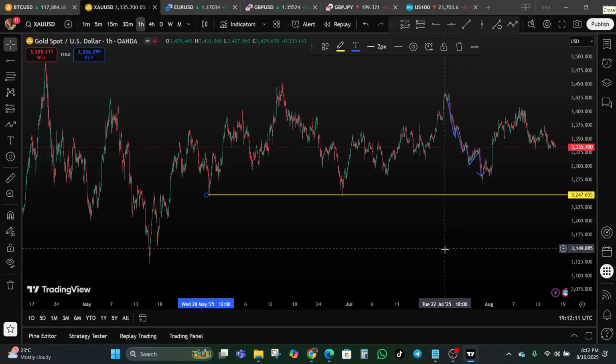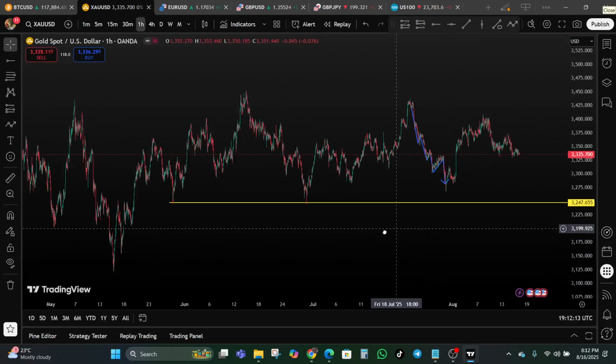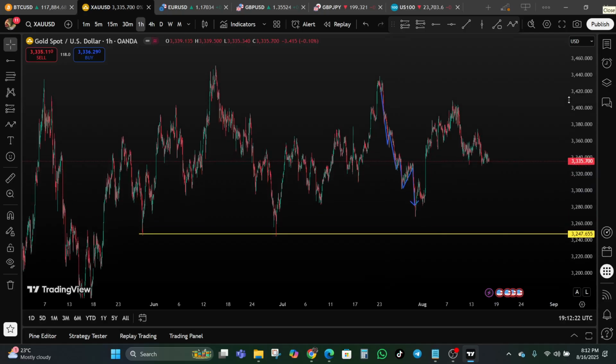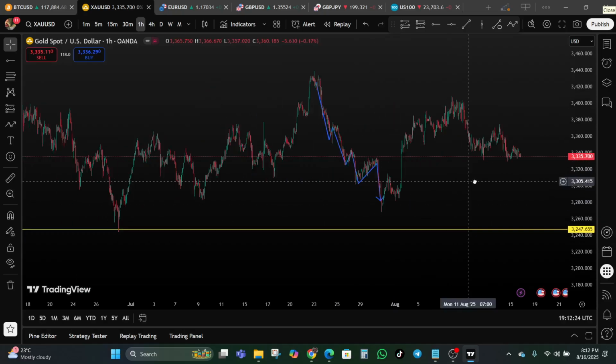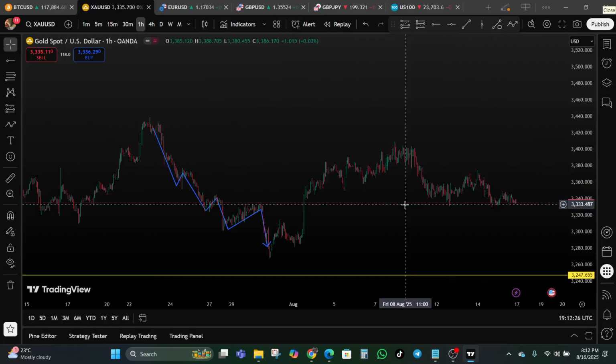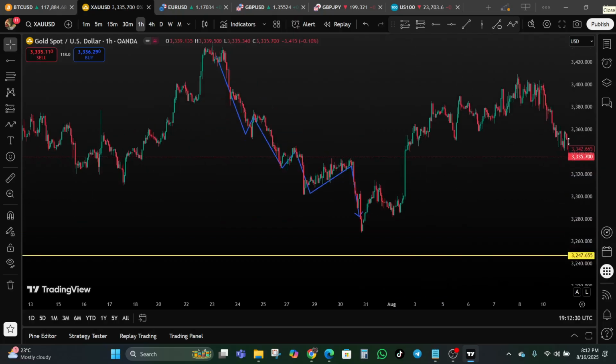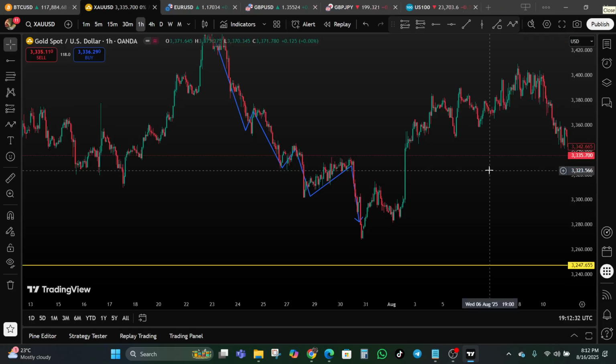Now, order blocks are areas where institutions enter the market, creating strong impulsive moves. For example, a bullish order block is often the last bearish candle before price rallies, while a bearish order block is the last bullish candle before price drops.